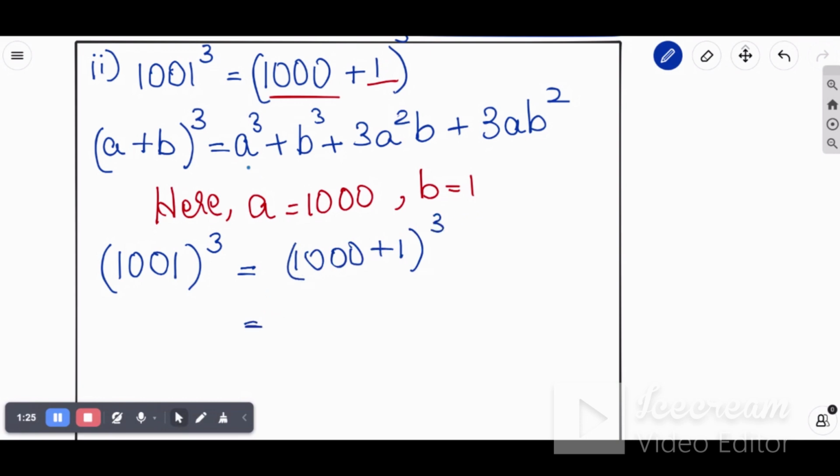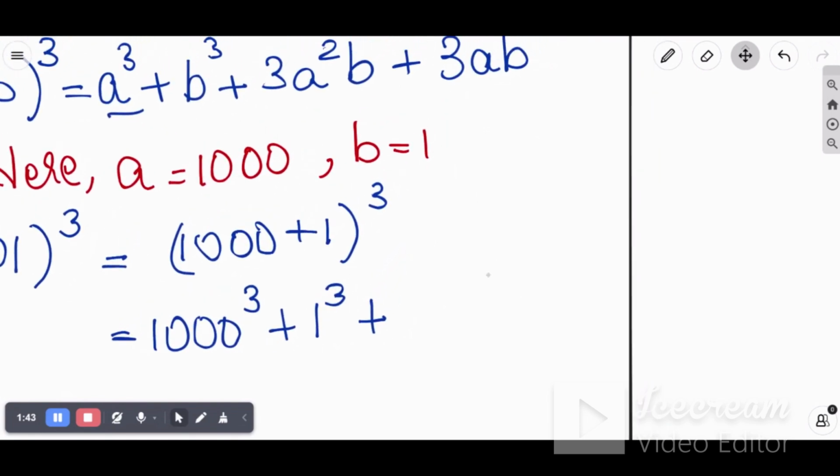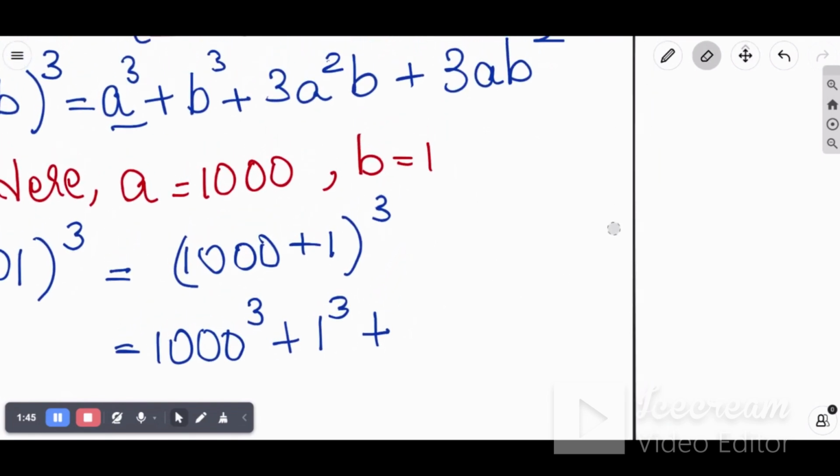So let us start applying our formula. That will be, first what you have to write, a cube. A cube is here 1000 cube. So that will be 1000 cube plus b cube. You have to put your b is your 1. So 1 cube plus, the next thing is you have to write 3a square b. So you have to write it as 3 times into, what is your a?